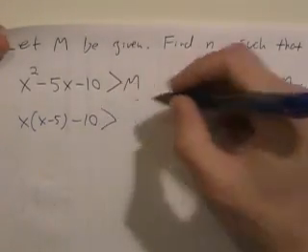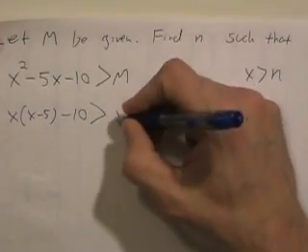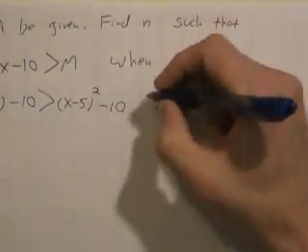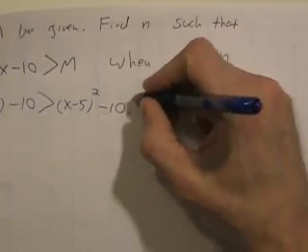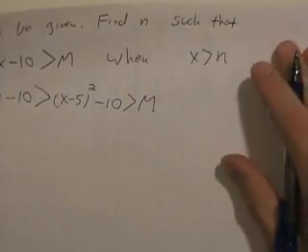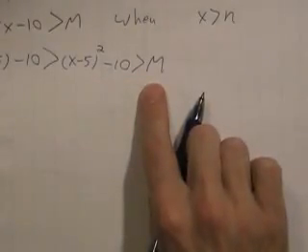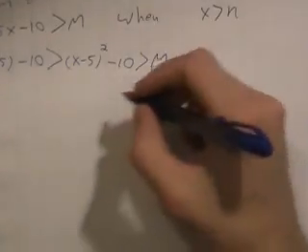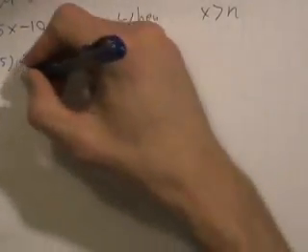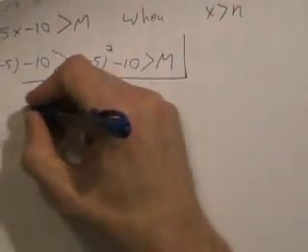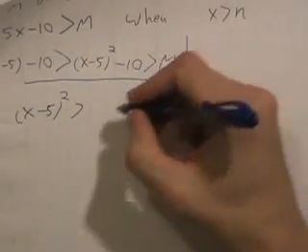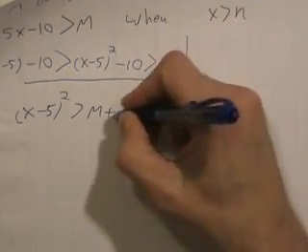So we just extend the inequality this way, and we'll write x minus 5 quantity squared minus 10. And if we can make that greater than m, then we'll be in business. So all we have to do is take this, isolate m, and then work backwards from it. So we'll start with add 10. Alright, x minus 5 quantity squared can be made greater than m plus 10.